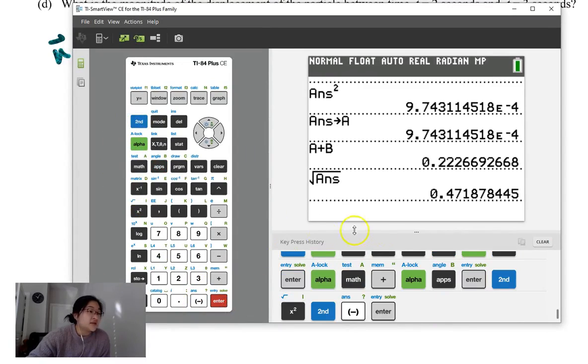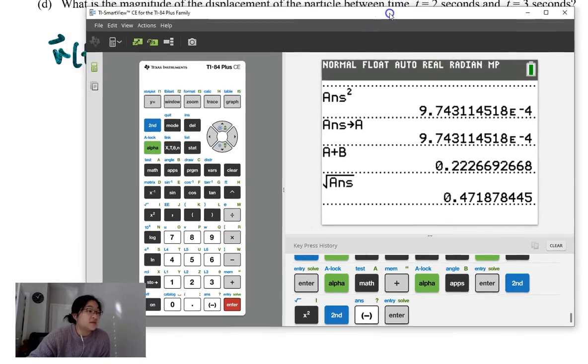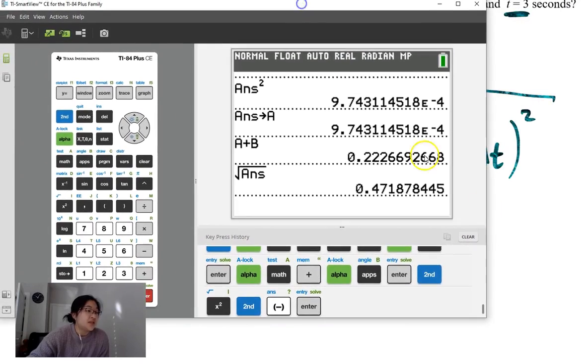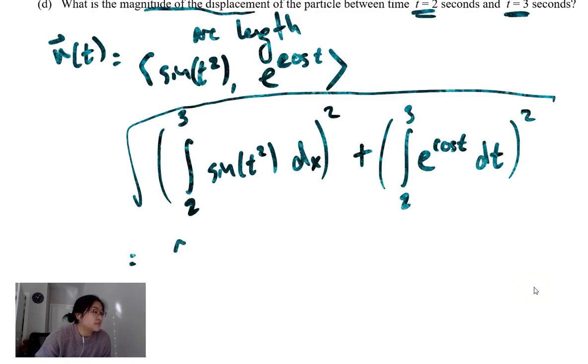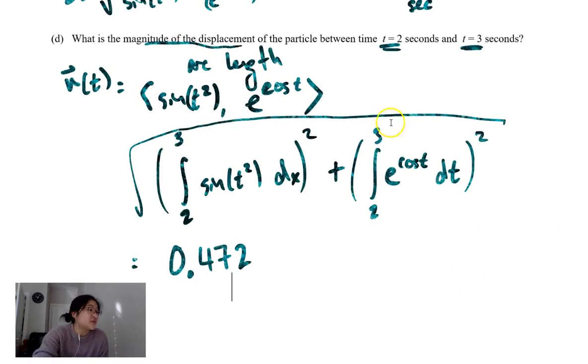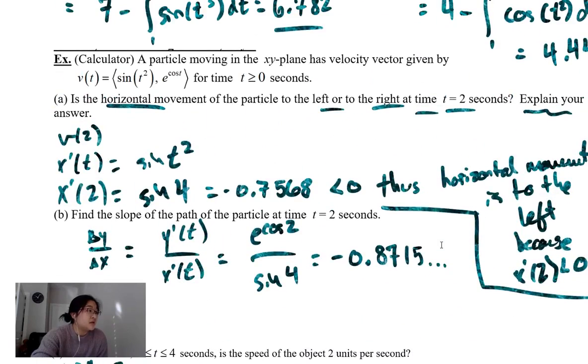And so we got that. That is the magnitude of our displacement, negative 0.4718 and so on, which is 2, and that is the magnitude of our displacement of our particle from time 2 to time 3 of the particle that's moving like this.